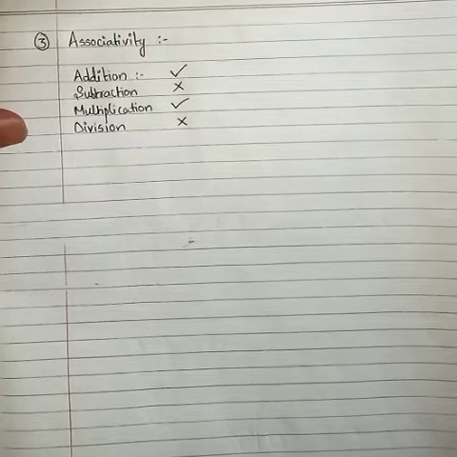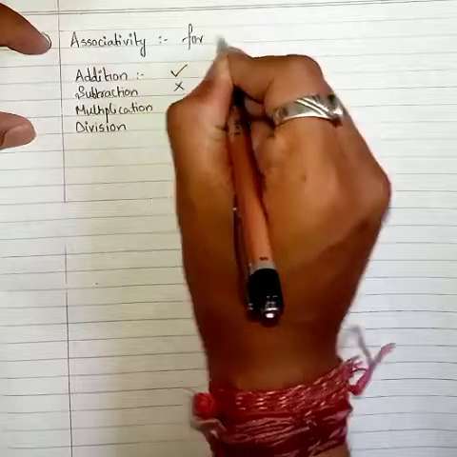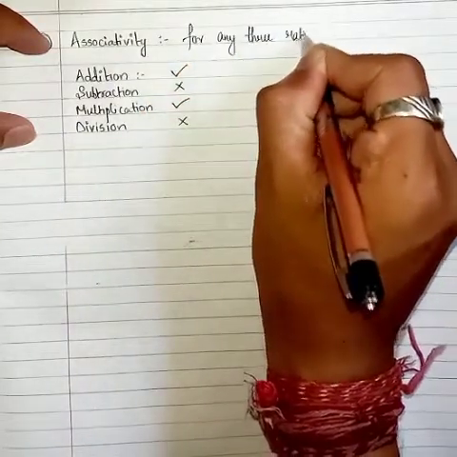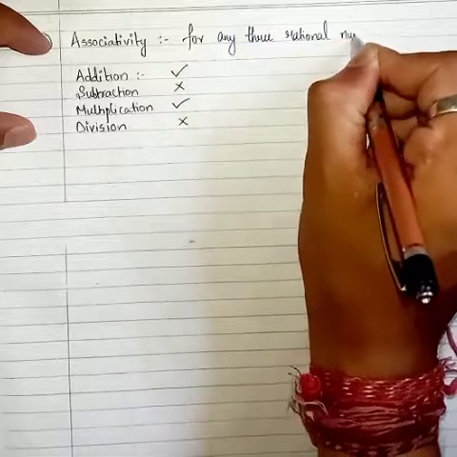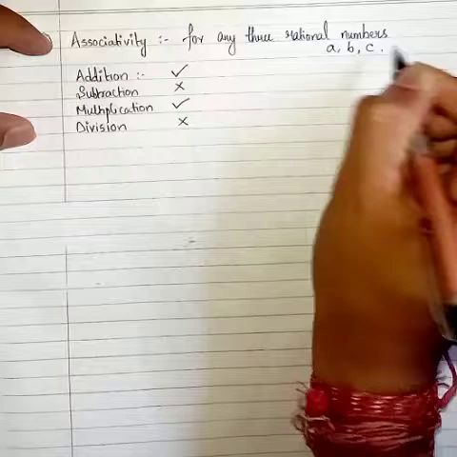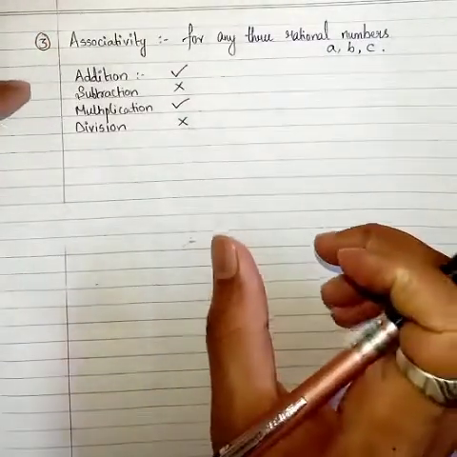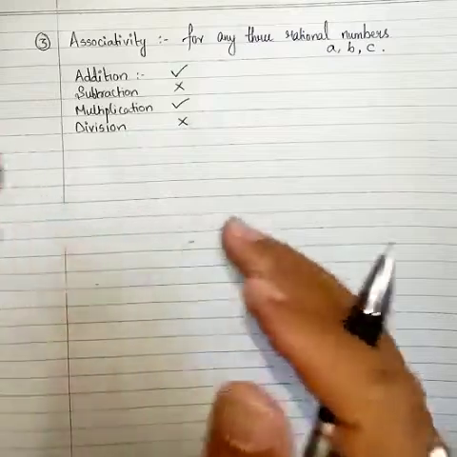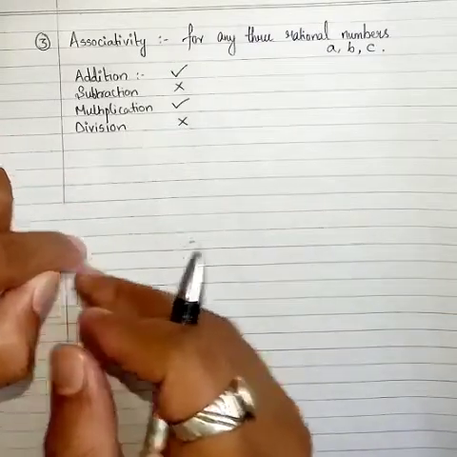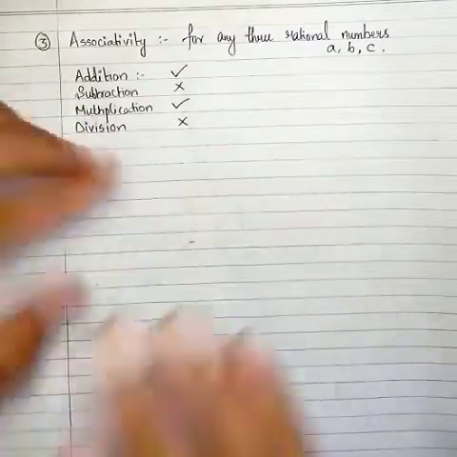Associativity property. This property is for 3 rational numbers, that is, for any 3 rational numbers a, b, c, we have to find out whether, if 3 rational numbers are added in any order, or subtracted in any order, or multiplication is done in any order, or division is done in any order, the result remains the same or not.